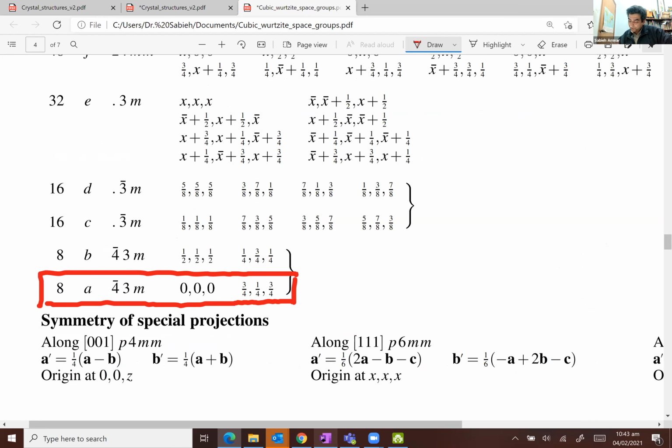So let's try to draw this here. Okay, and I would like to move to the other node. It's easier to draw over there.